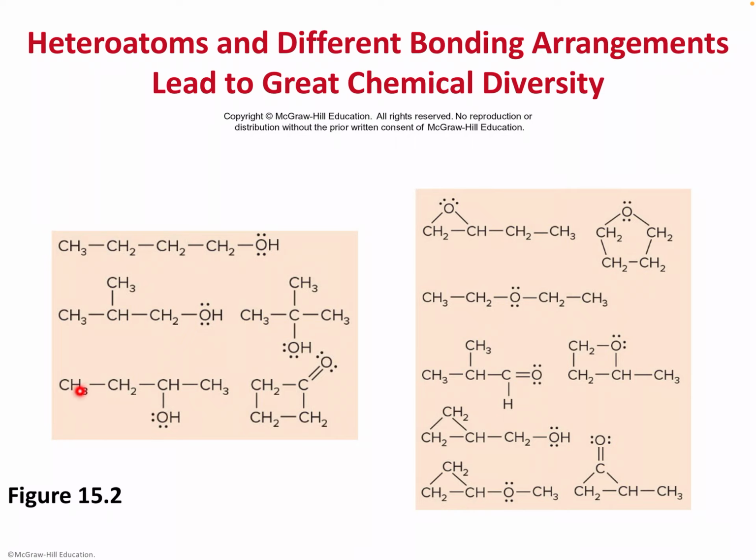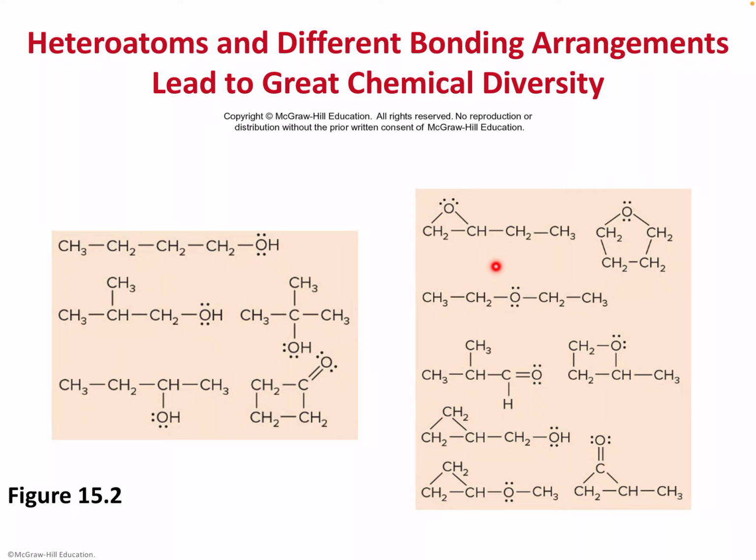You see, this also has 1, 2, 3, 4 carbons and 10 hydrogens all together, but a different arrangement. And here's another one. You have 1, 2, 3, 4 carbons here, but you have fewer hydrogens here, 2, 4, 6, with a carbon-oxygen double bond, a pi bond, you have here.